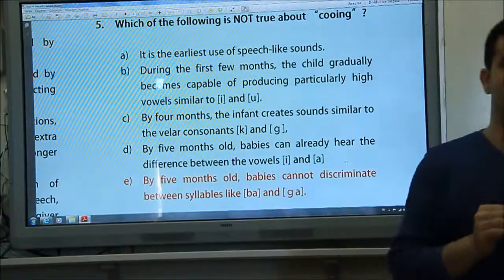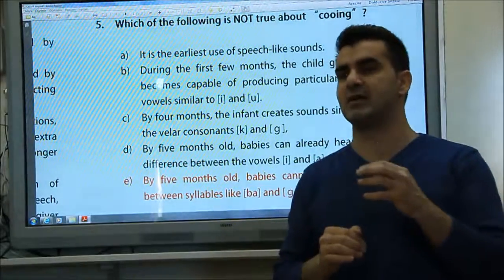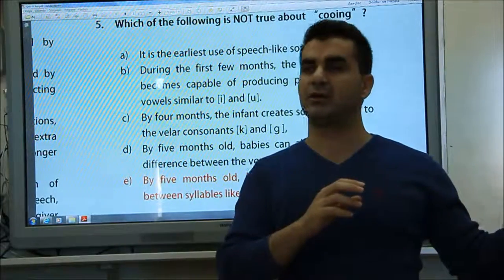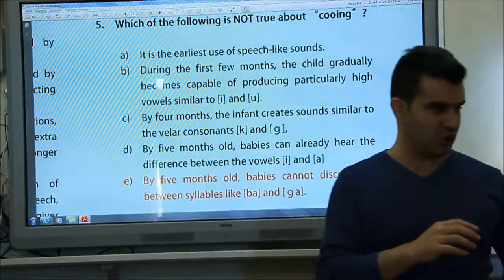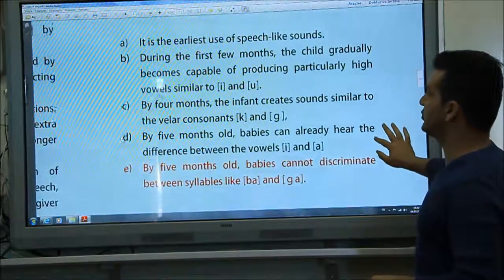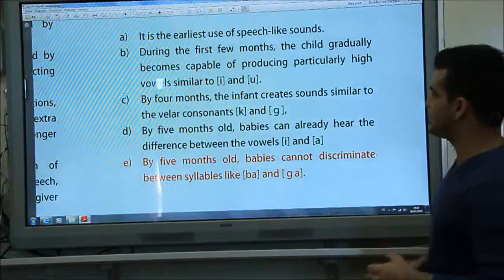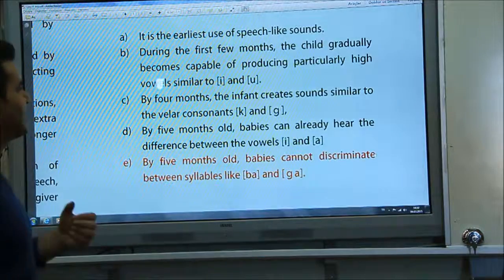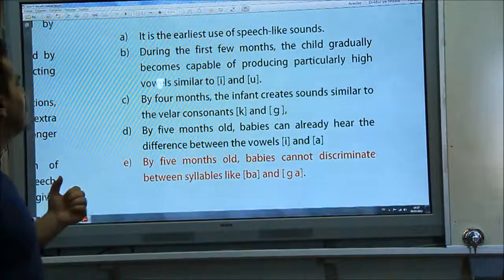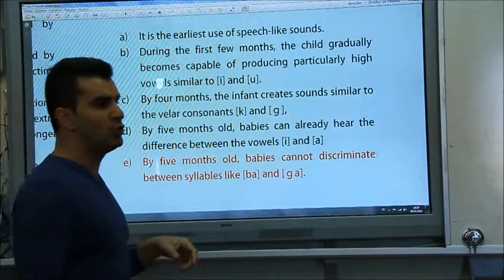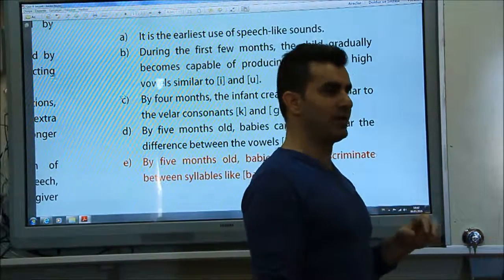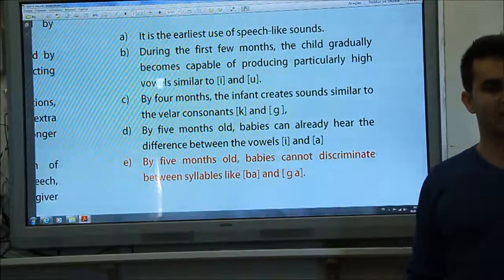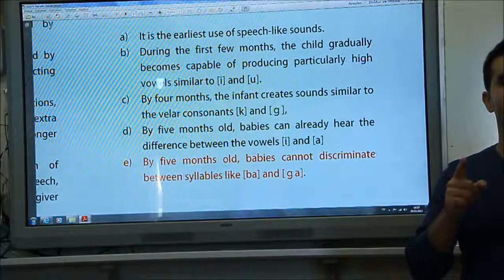The earliest stage. Your child vocalizes, produces some sounds that are similar to speech. During the first few months, the child gradually becomes capable of producing particularly high vowels similar to E and U, right? Similar to this vowel, the child produces this kind of vowels. During the first few months.